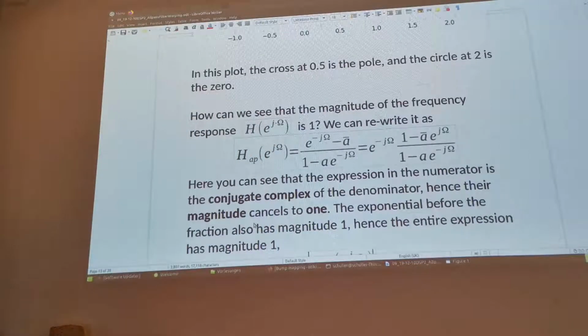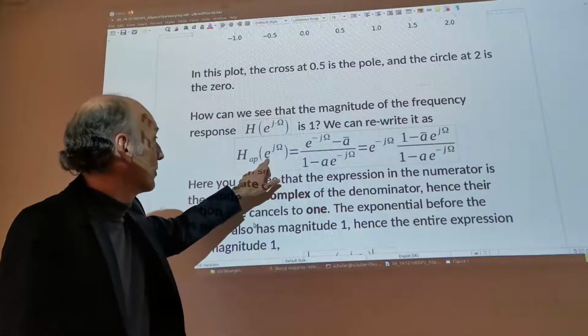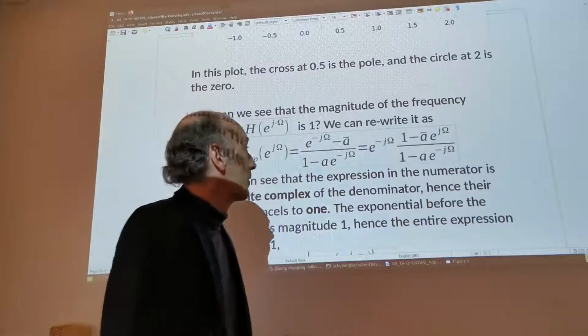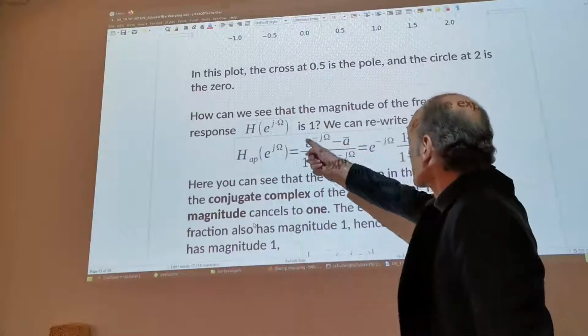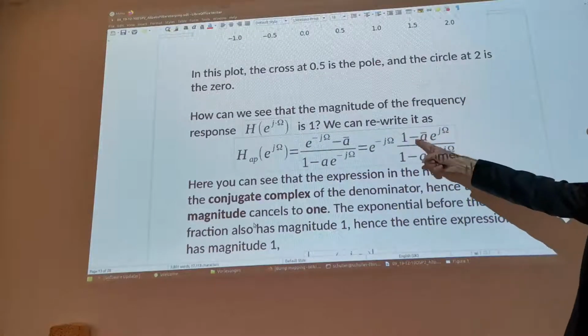We had H of z, and if you want to see the magnitude, you need to replace z by e to the j omega, evaluate it on the unit circle, and then take the magnitude. So this is what we do here. We replace z by e to the j omega in this formula, and then we can actually factor out this e to the j omega, and then we get this expression.